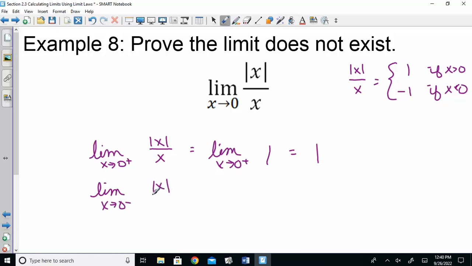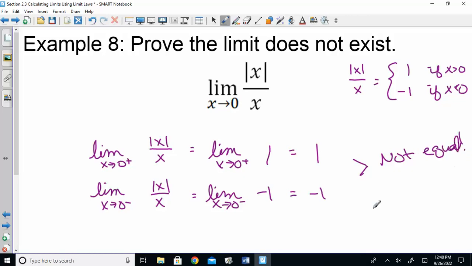As we approach from the left, we're plugging in things smaller than 0, so which piece are we on? The bottom. And we said the bottom one's equal to -1. So the limit as x approaches 0 from the left of -1 is -1. These are not equal.